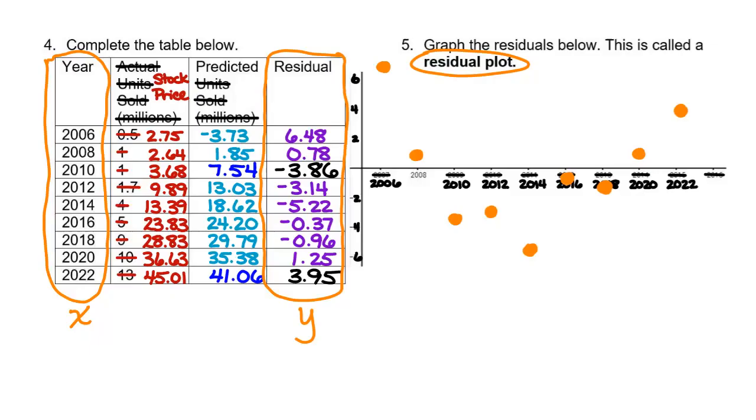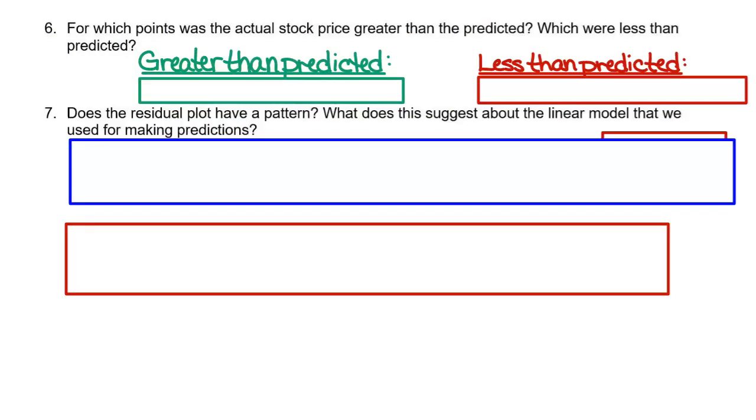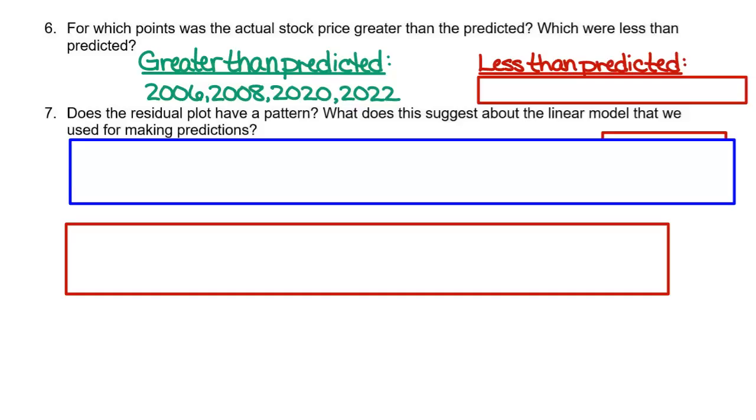For which points was the actual greater than the predicted? For what years was actual greater than predicted? So what were the years again? Where actual was greater than predicted? 2006, 2008, 2020, and 2022.